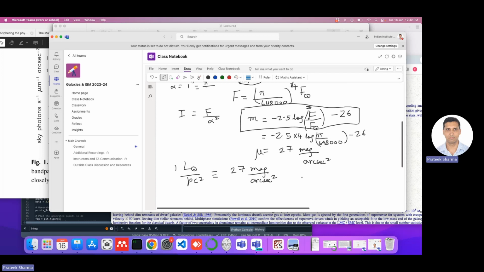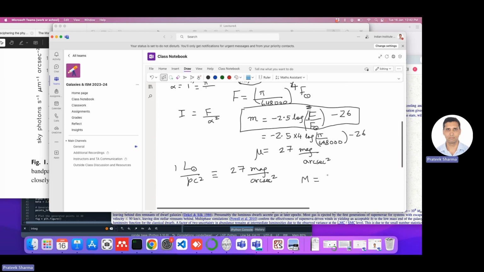The other thing that you want to remember is the absolute magnitude. What is absolute magnitude? Absolute magnitude is a measure of luminosity. The definition of absolute magnitude is that it is equal to the apparent magnitude if you place that object at 10 parsec away. So if you take our sun and put it at 10 parsec distance, the flux that you receive then is its absolute magnitude.